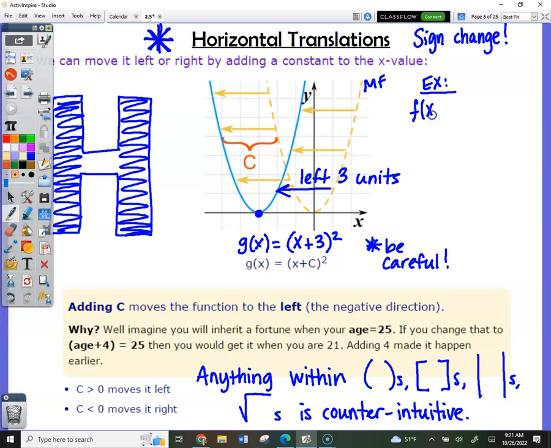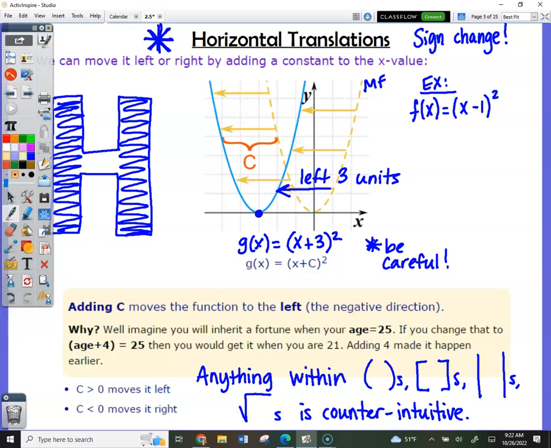If you have f of x equals x minus 1 squared, don't say it out loud. Now, think to yourself, the mother function has a -1 inside the parentheses. So now, everybody, where's it going?